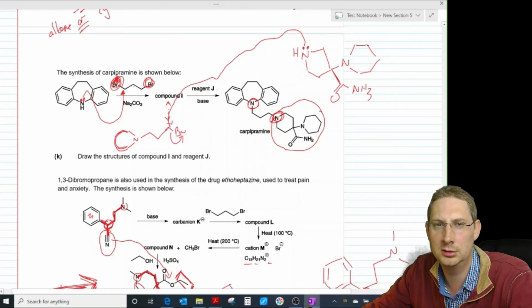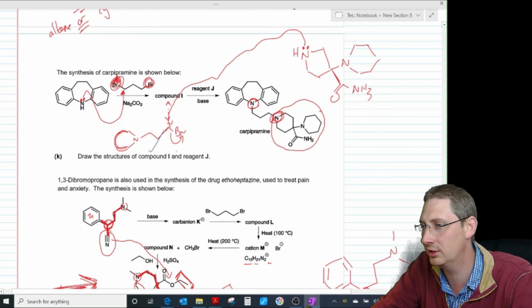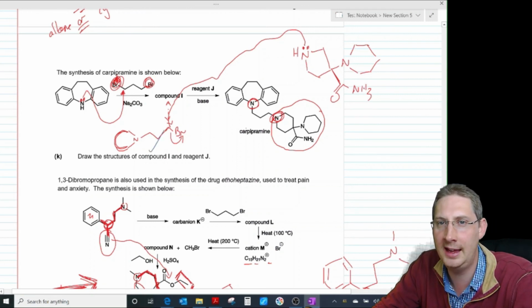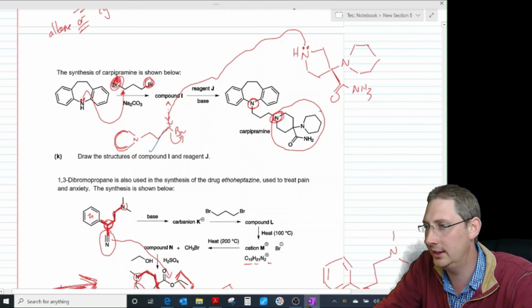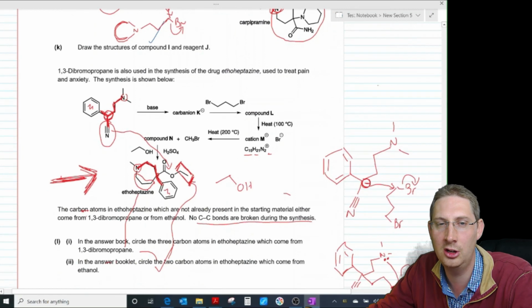Compound I. Where have I drawn compound I? Yes, this thing with the nitrogen, the 3 things in the bromine, that was I, that's correct. And then the thing that attaches to it is indeed correct too.